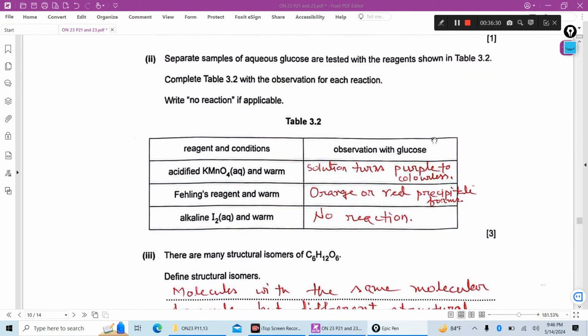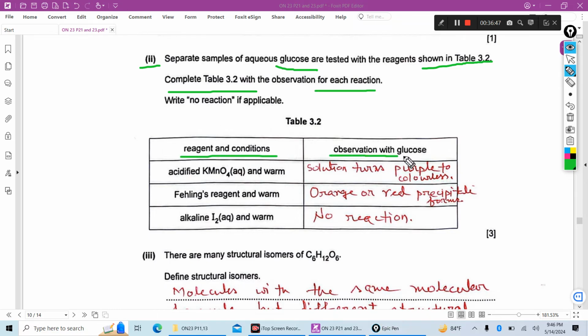Next, number 2, separate samples of aqueous glucose are tested with the reagents shown in this table. Complete table 3.2 with the observation for every reaction. Reagent and condition, observation with glucose. Acidified potassium permanganate and warm.